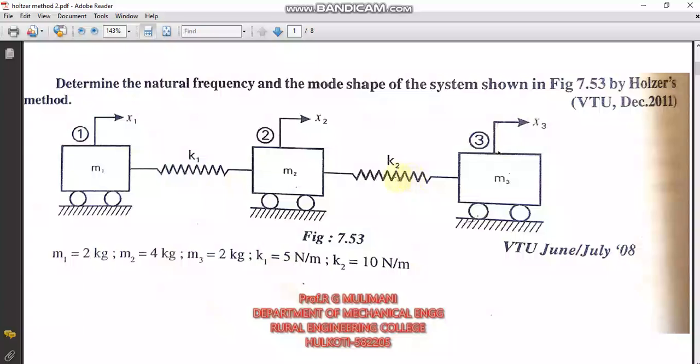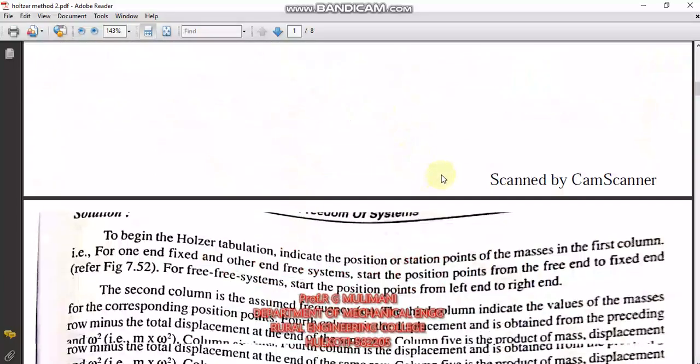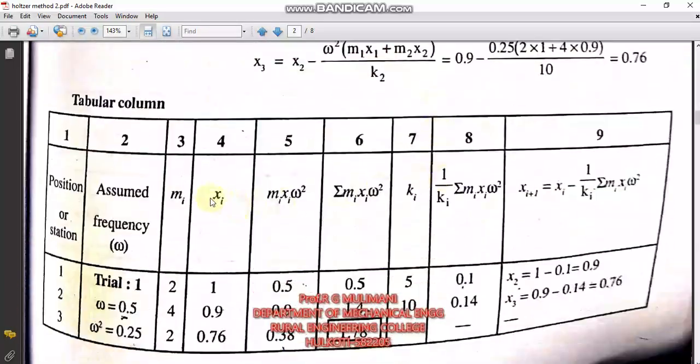This type of system is called a semi-definite system, and it is a free system. For a free system, both ends are not fixed. For all the systems, whether both ends fixed, free systems, or one end fixed and the other free, the tabular column for the Holtzer method is the same. We are using the same 9 columns here.